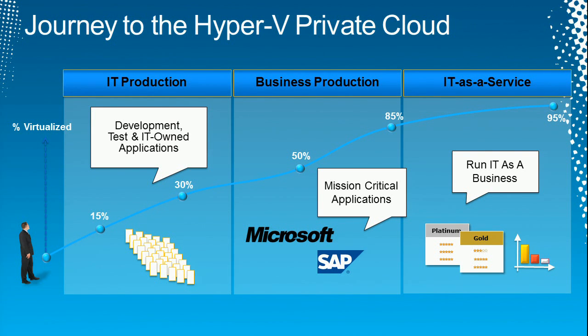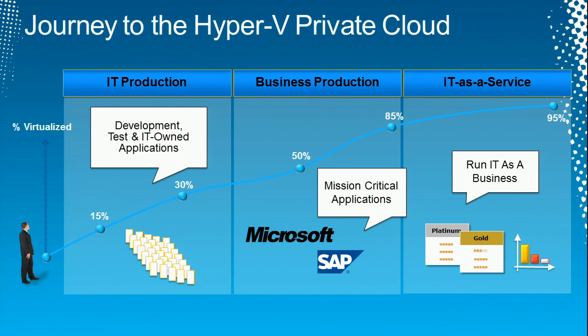While Exchange has an impact on the business, it can be low-hanging fruit. Exchange has a lot of server roles associated with it. You don't necessarily have to virtualize the whole thing. You can take out some of the front-end roles and have very minimal impact. So you can start virtualizing. At this point, you're probably 15 to 30% virtualized.